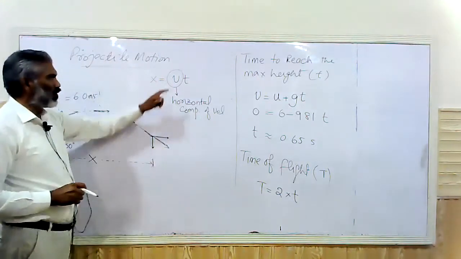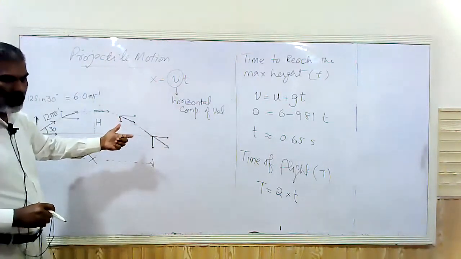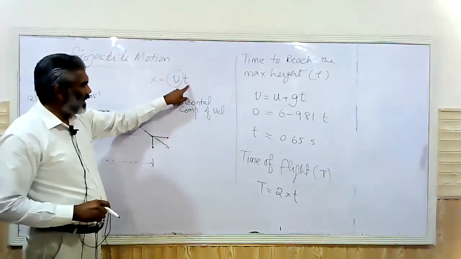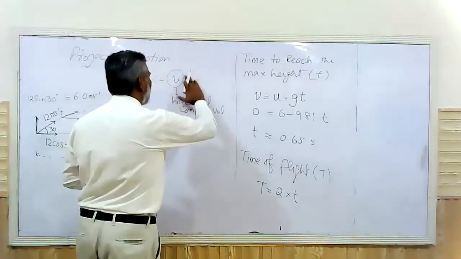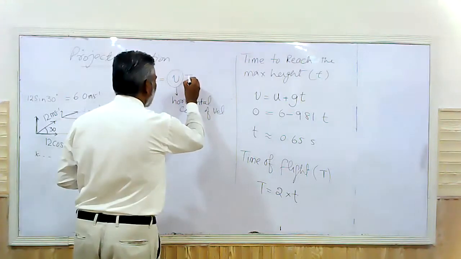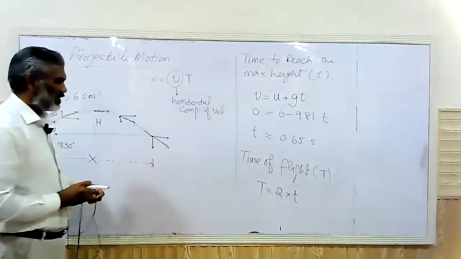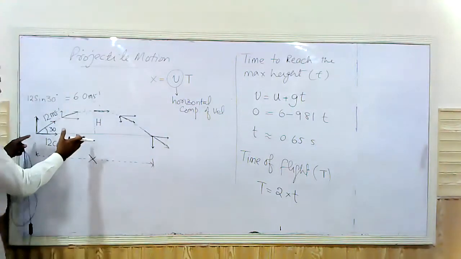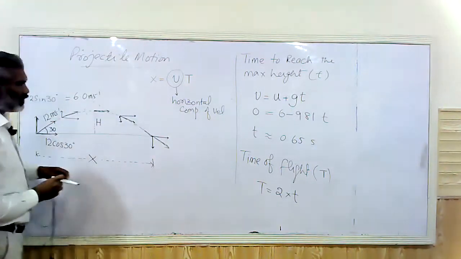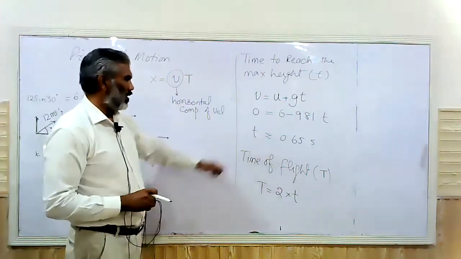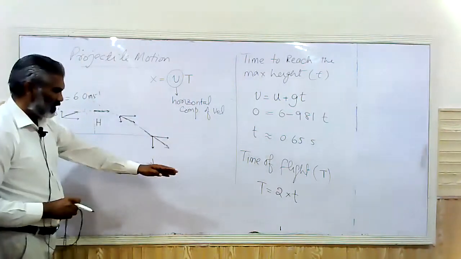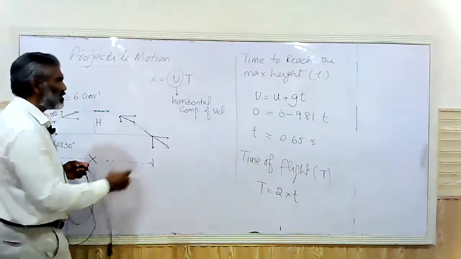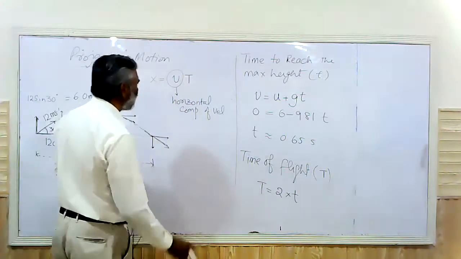And since it is constant, no acceleration involved, so this time of flight, let me write it capital T, because this is the time of flight. This time. Of course, if I want to calculate half of it, I can use this time, but the total time is 2 times that, which I have denoted by capital T.